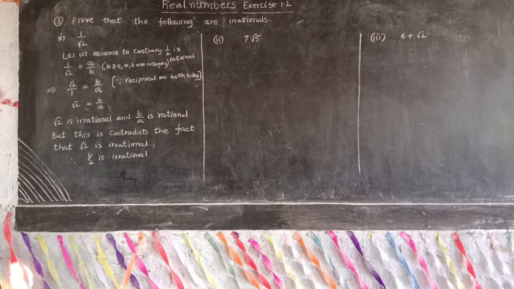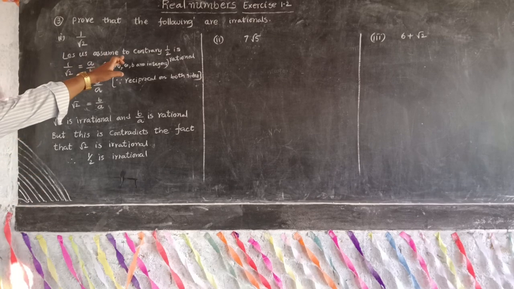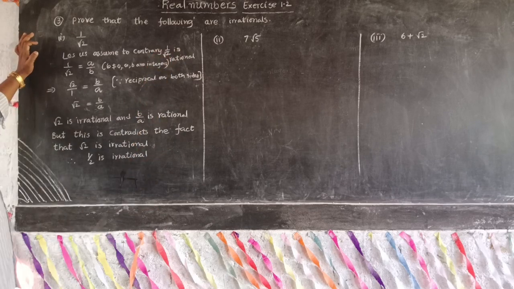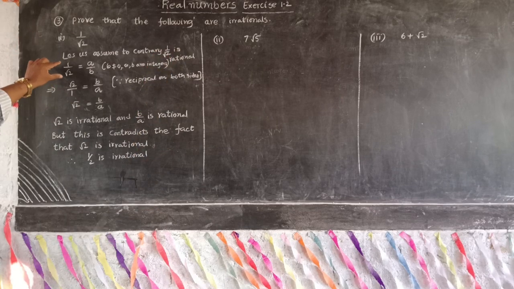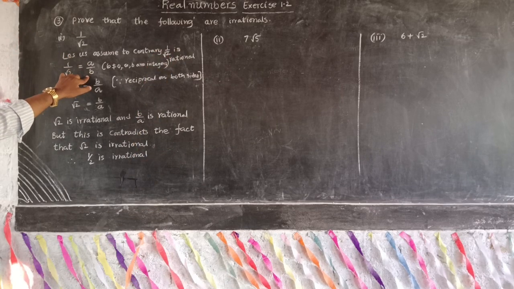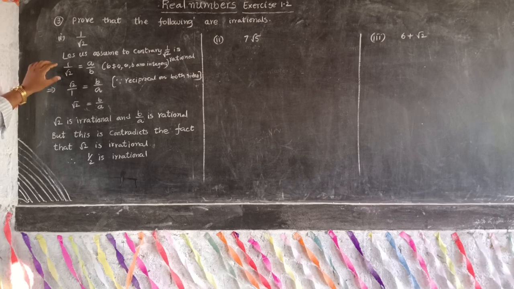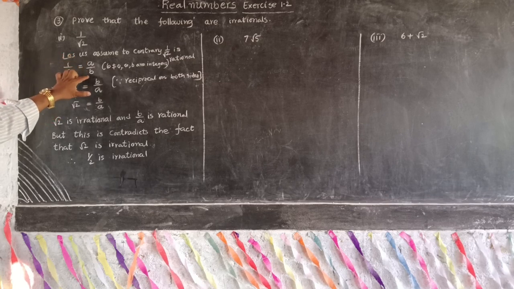Our assumption is wrong. Let us assume to the contrary that 1 by root 2 is rational. 1 by root 2 equals a by b. Here b is not equal to 0, a, b are integers. That implies reciprocal on both sides: root 2 by 1 equals b by a.